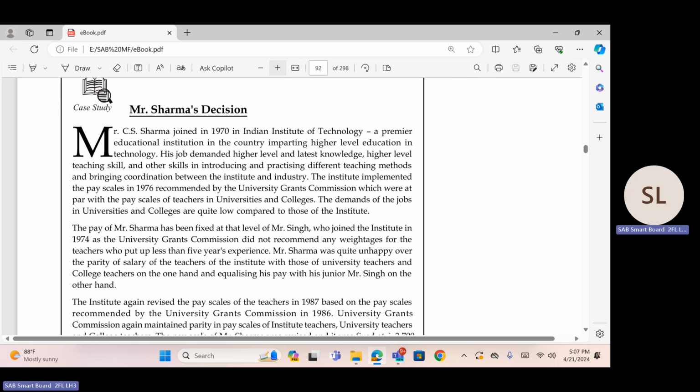This is a knowledge-based job. It demanded a high level of latest knowledge and high level of skills, and practicing different teaching methods. And also holding some admin jobs to coordinate the institute and the industry.